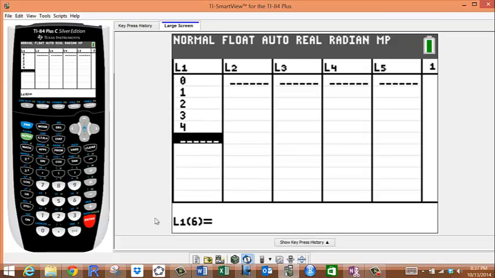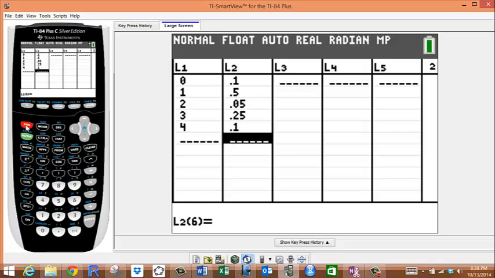All right, and then arrow over, and we'll type in our probabilities here. 0.1, 0.5, 0.05, 0.25, and 0.1. All right, so here's all there is to getting the mean.